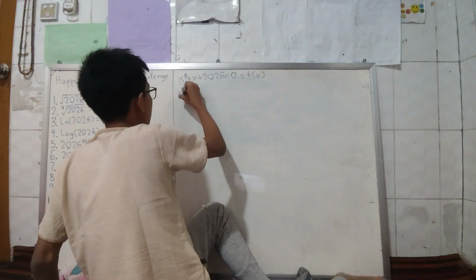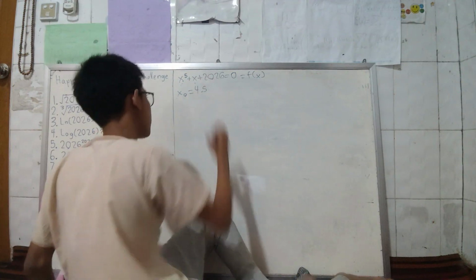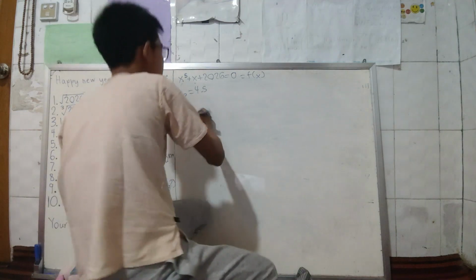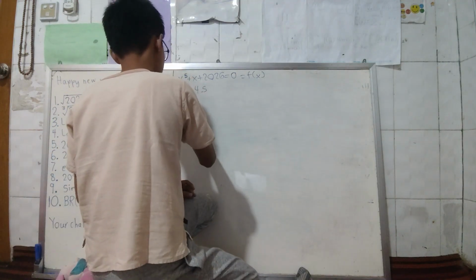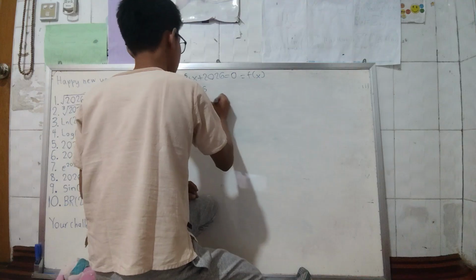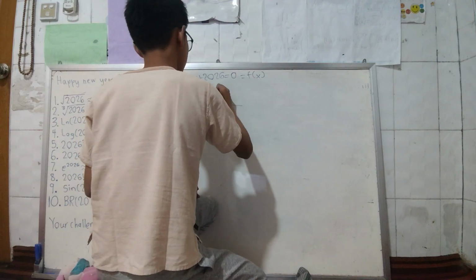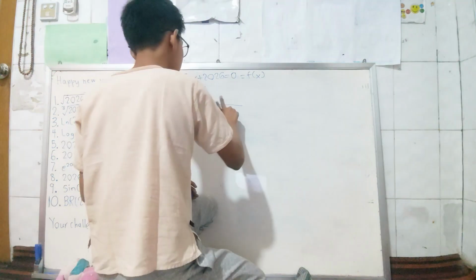Because I'm already tired, I'm only gonna use one iteration to get a fairly accurate result. So that's gonna be x1 equals negative 4.5 minus f of negative 4.5 over f prime of negative 4.5.